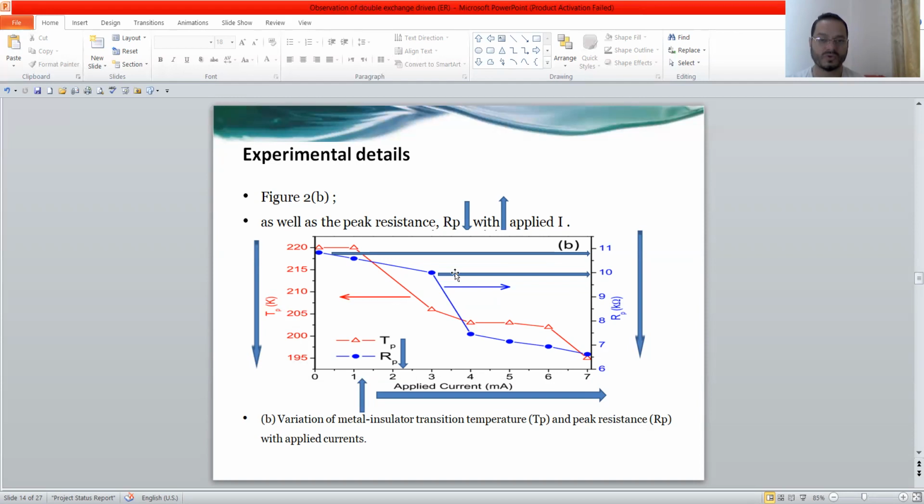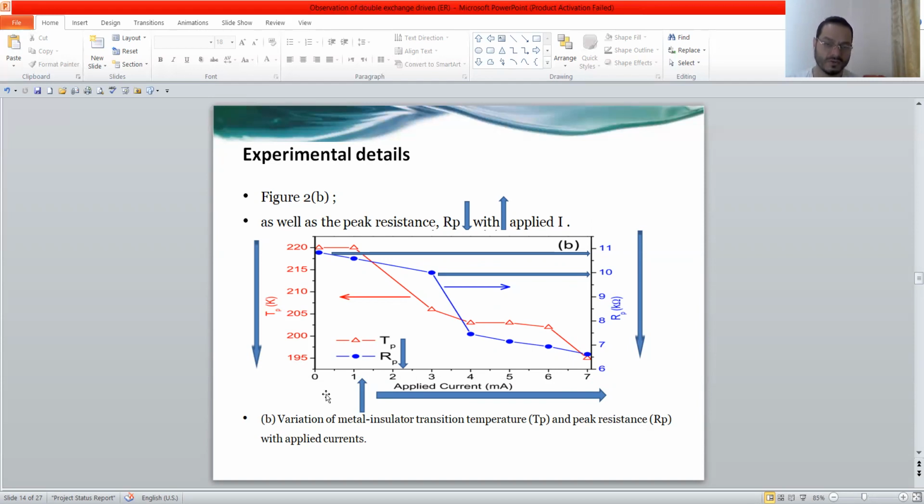Now let's talk about the peak resistance with applied current. Let's take a look at what happens to the peak resistance when we increase the current.